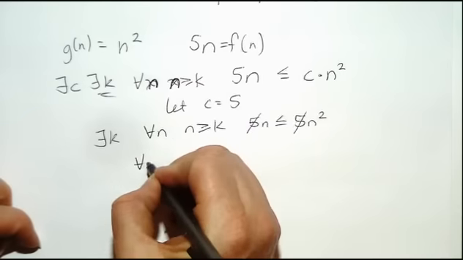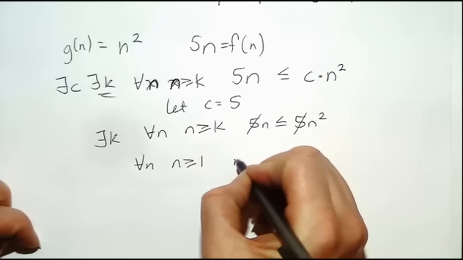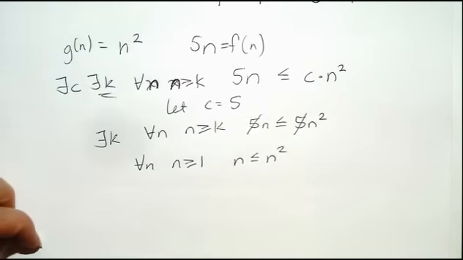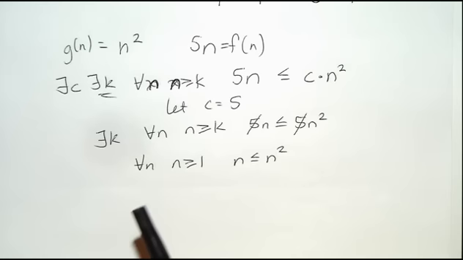So now we're going to say for all n greater or equal to 1, this is getting more understandable, right? As we pick our values, we can start to understand what that means. Now, can I prove this? For all n, where n is greater or equal to 1, is it true that n is less or equal to n squared? Yes, it is. Easy to prove, right?